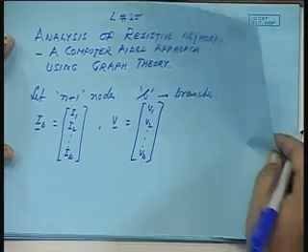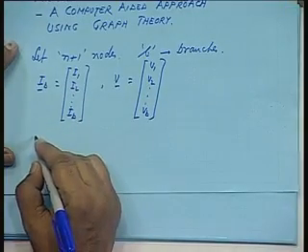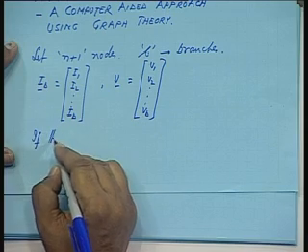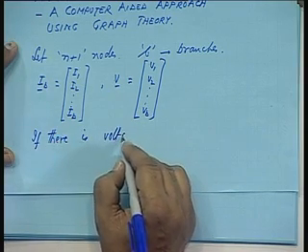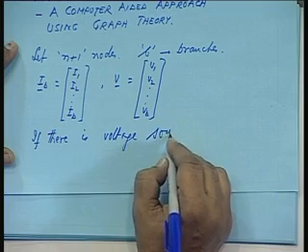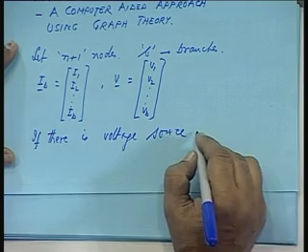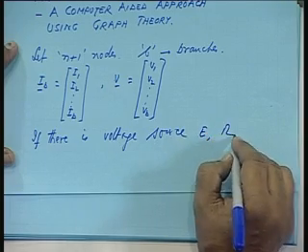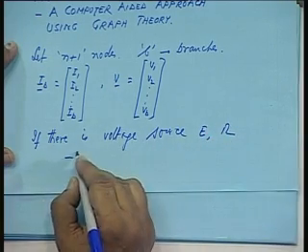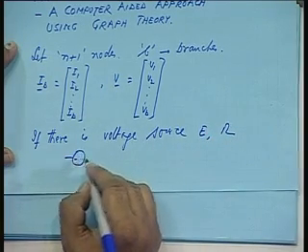If there is a voltage source, then we can write voltage source with a resistance R. Then we can show each element like this.